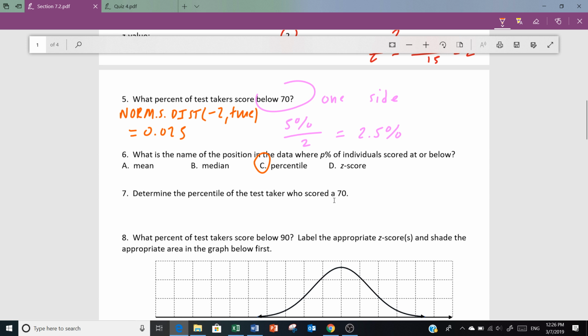Let's write down what we believe the percentile to be. Okay, very good, it looks like most of us are great on percentiles. There's 2.5% of the data below, so it's the 2.5th percentile.